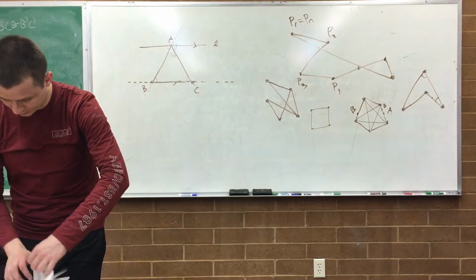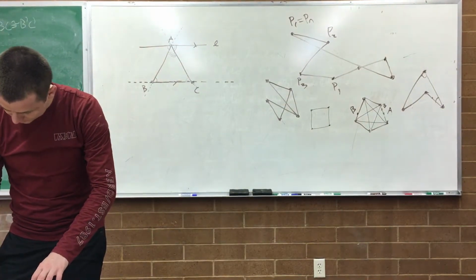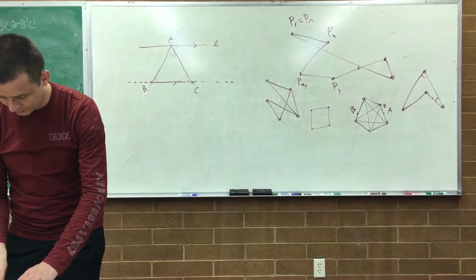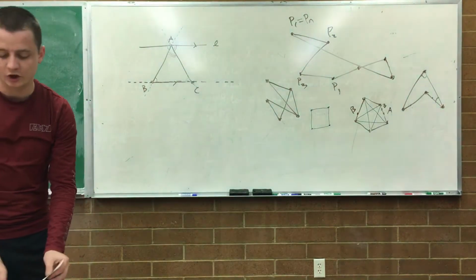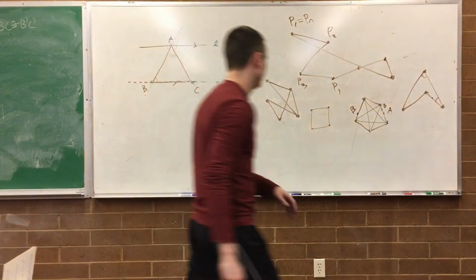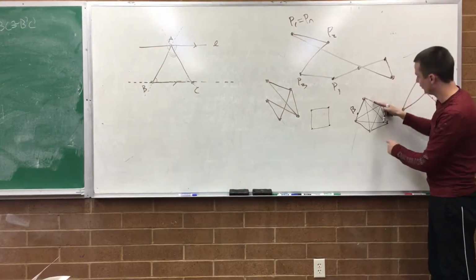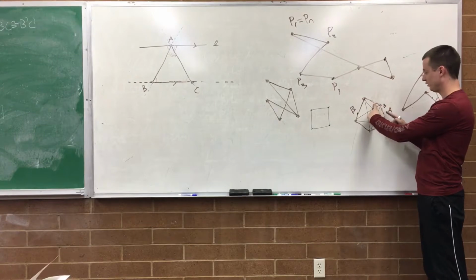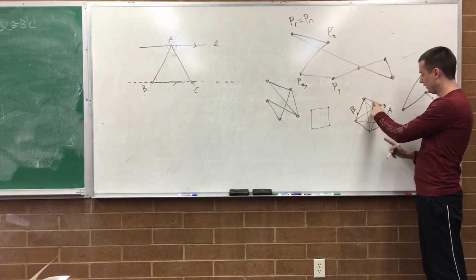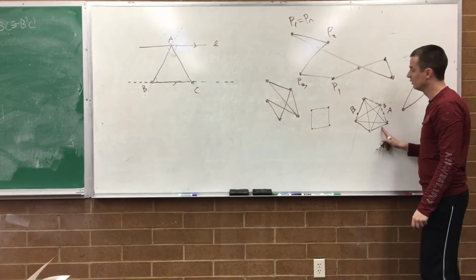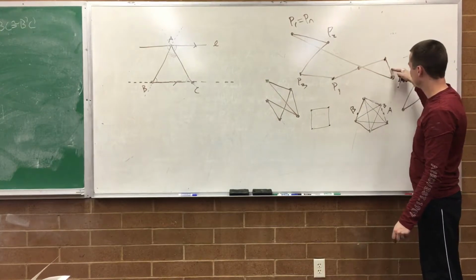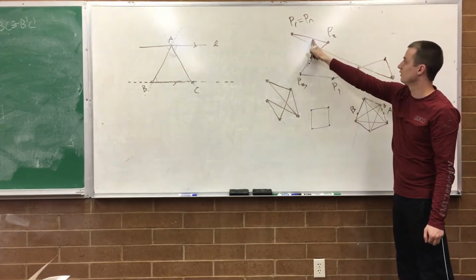What definition are we on? 8? Oh, and then lastly, sides with a common vertex are adjacent sides. So this side is adjacent to this side, and this side is adjacent to this side. This side is not adjacent to this side. This side is adjacent to this side. This side is adjacent to this side.